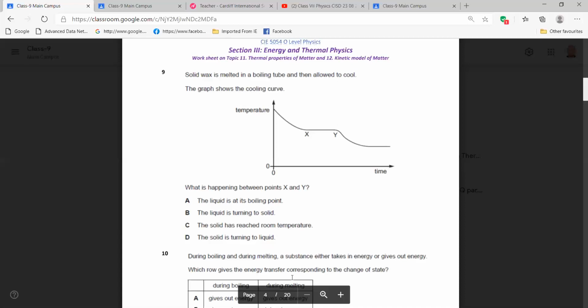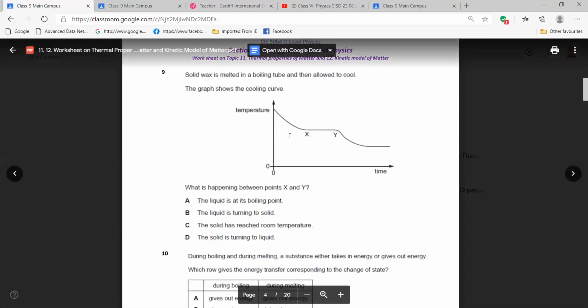So the temperature remains constant till then, 0 degrees Celsius. So where are you seeing the temperature is constant? X to Y, sir. So this part should be what? Constant temperature, melting or freezing, right? Yes, sir.